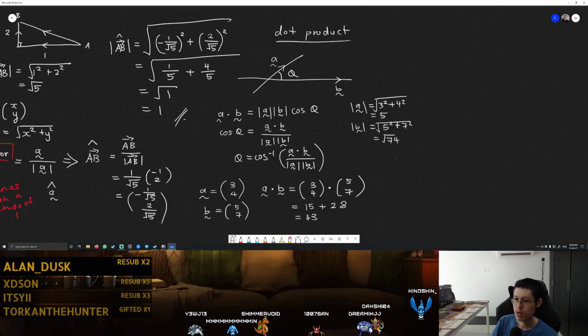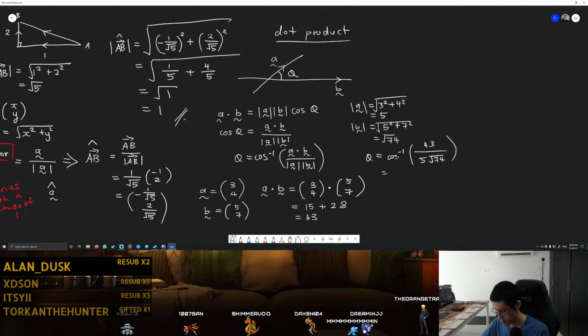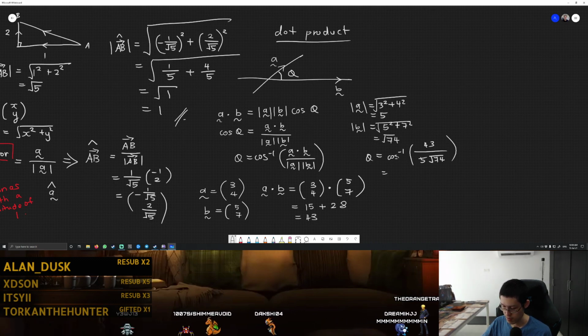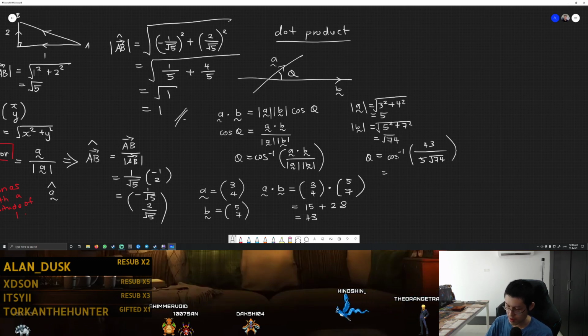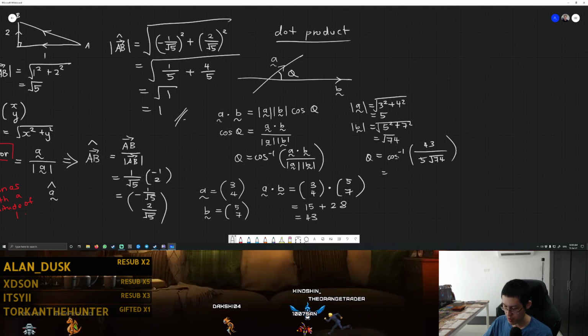Okay, so theta is going to be arc cos of 43 over 5 times square root of 74. Oh, whoops, hang on. 43 divided by 5 divided by square root of 74.